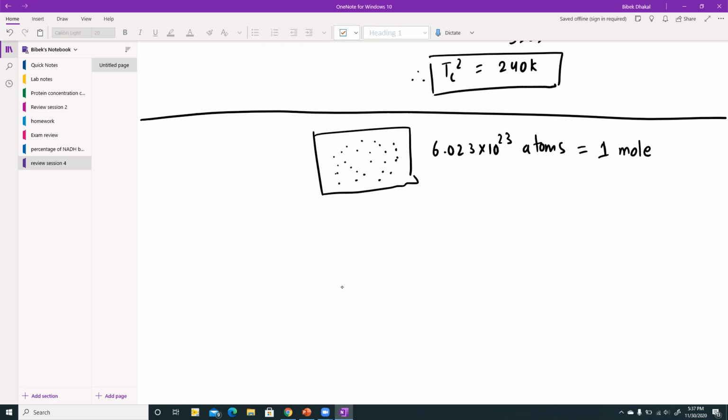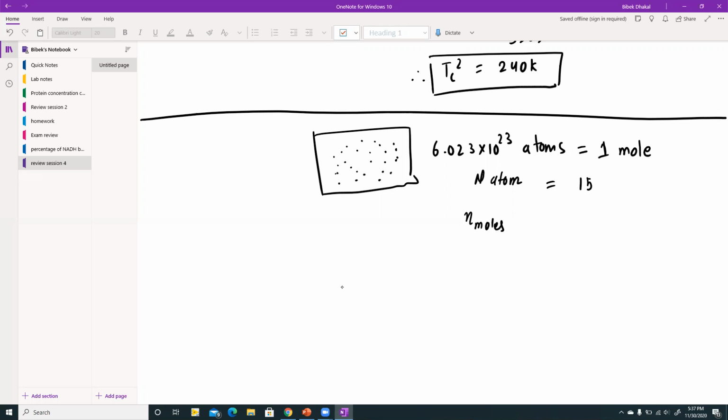That's how they defined the 1 mole back in the previous century, I guess. But how do you calculate the number of moles if you are only given the type of atom? If you have, let's suppose, a nitrogen atom, then how do you find the number of moles? The number of moles can be found if you know the atomic weight.